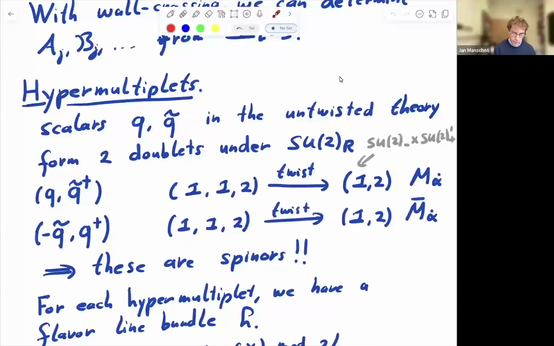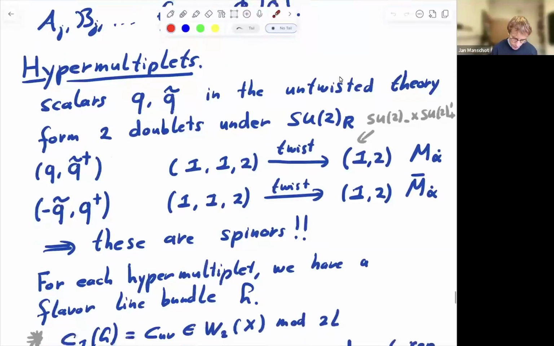Okay, so the hypermultiplets, we had some interesting phenomena since, in contrast to the vector multiplet, if we topologically twist the scalars of the hypermultiplet, then these scalars become spinors themselves, which we wanted to avoid, because we want to formulate the theories on a general four-manifold.